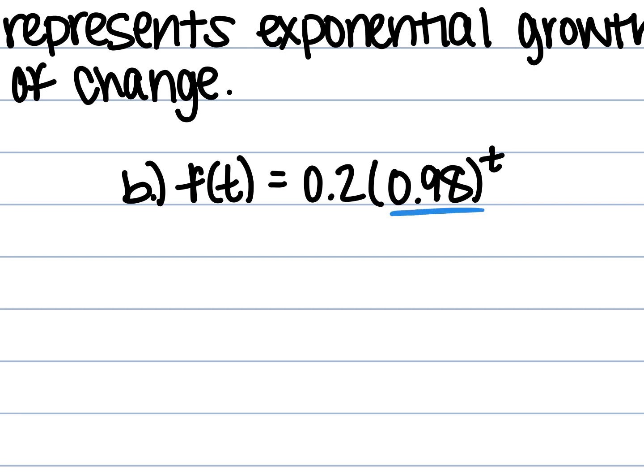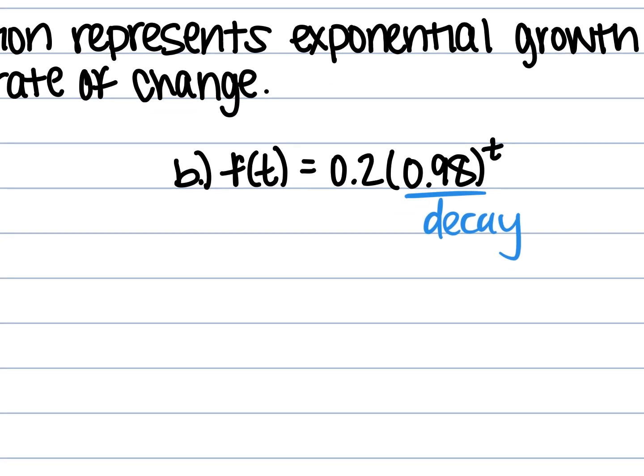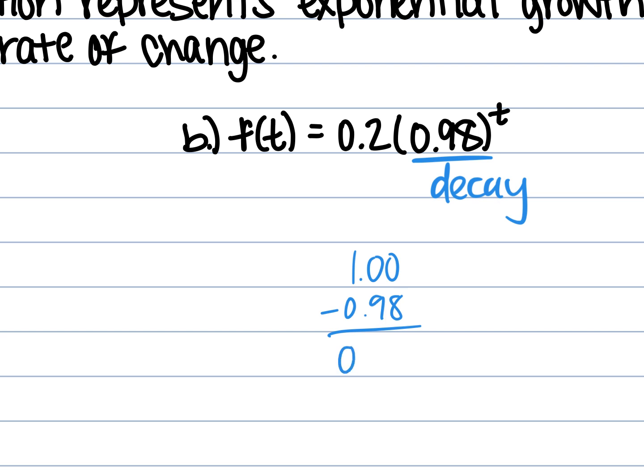Why is it decay? It's smaller than 1. How much smaller than 1? 0.02. So check this out. For decay, you do 1.00 minus 0.98, right? Find out how much smaller than 1 it is. And what do we get here? 0.02.